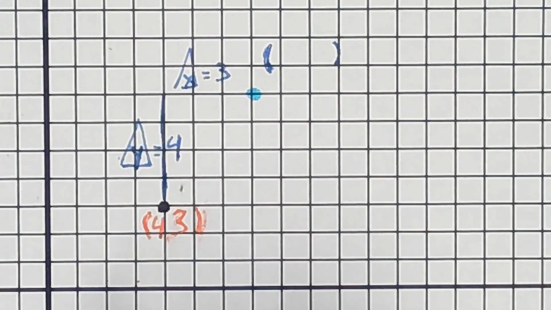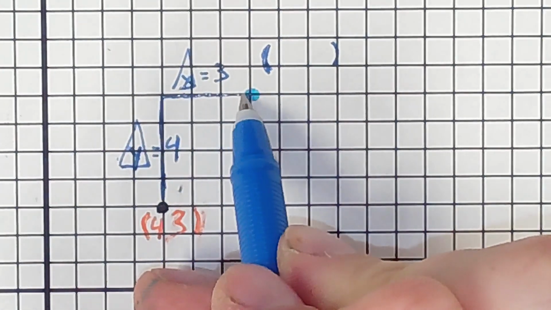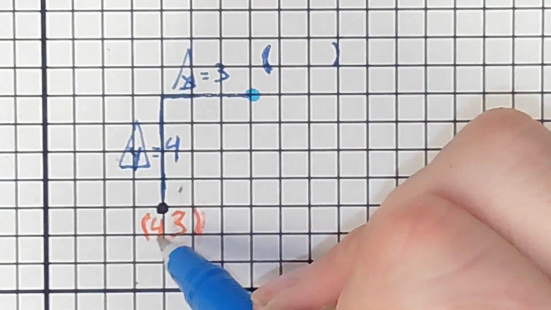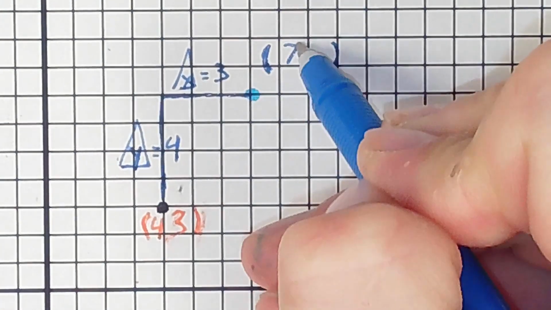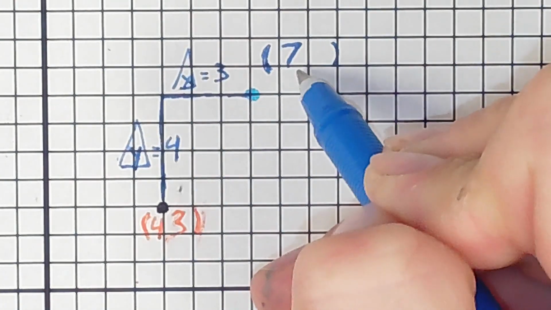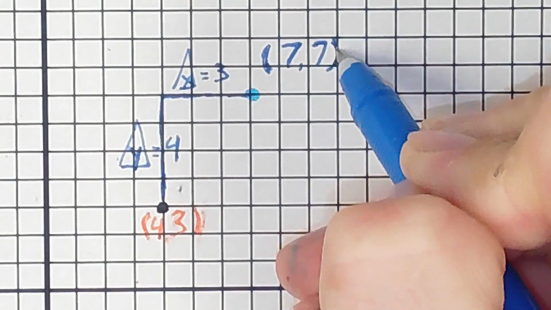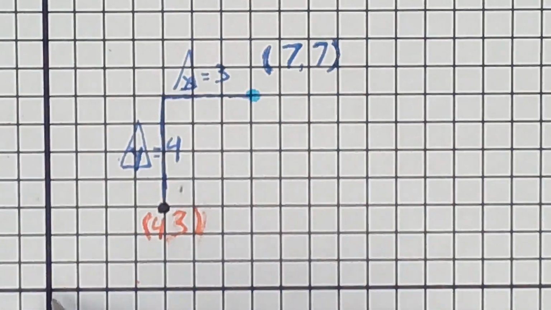I'm just writing it like that to save some space. So if my delta x is 3 and it started off as 4, that means this is 7, and since it started off as 3 and went up 4, this is 7. So this point is 7 and 7. Okay, that was pretty easy. I didn't have to count all the way back here.